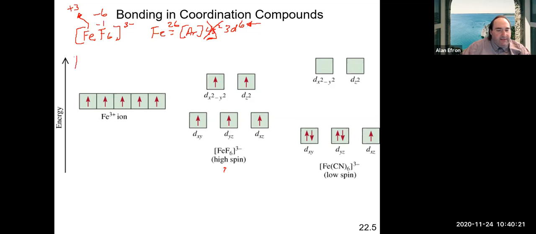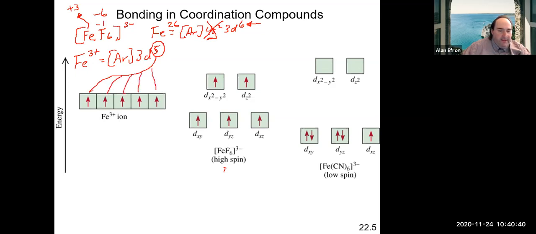That's going to give us an iron with a +3 charge, having a configuration of argon 3d5. And it is those 3d5 electrons that we are talking about distributing here.